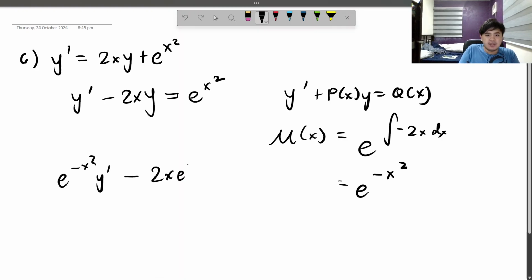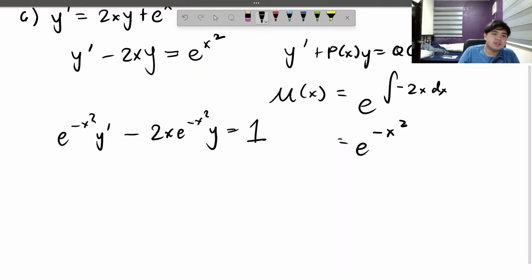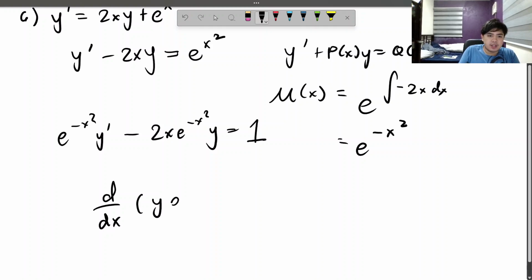Minus 2x e to the negative x squared y equals e to the x squared times e to the negative x squared. That's just going to be 1. There you go, due to the laws of exponents. Looky here. Is it just the derivative of y e to the negative x squared?